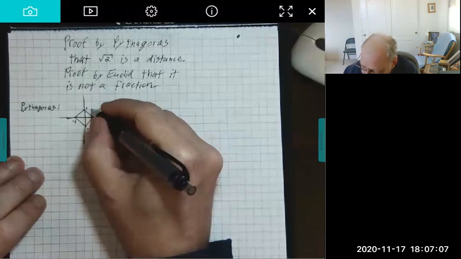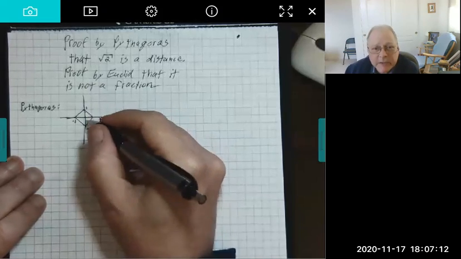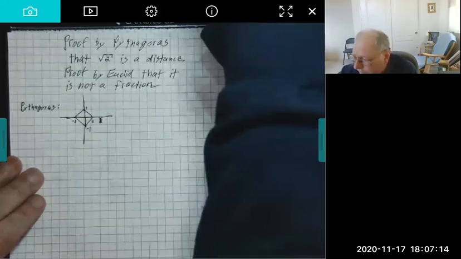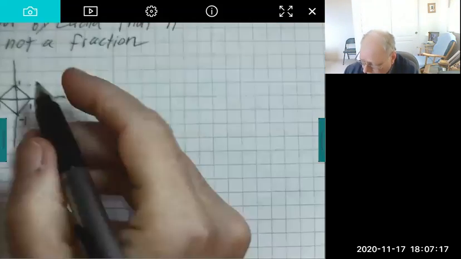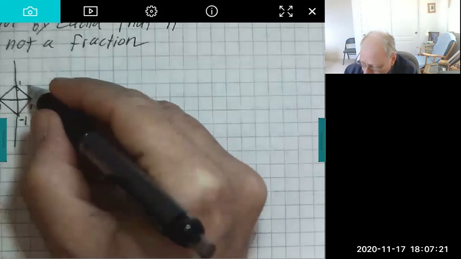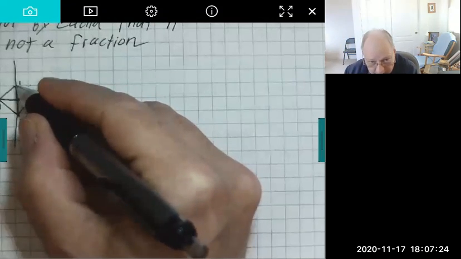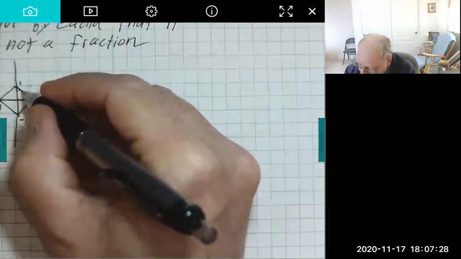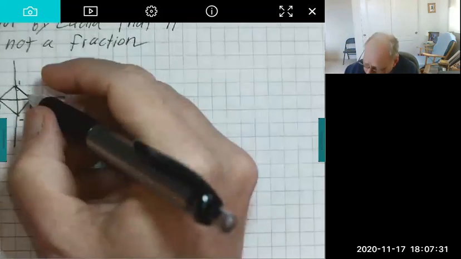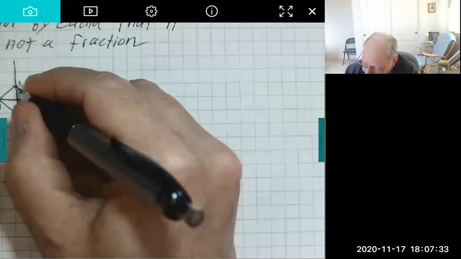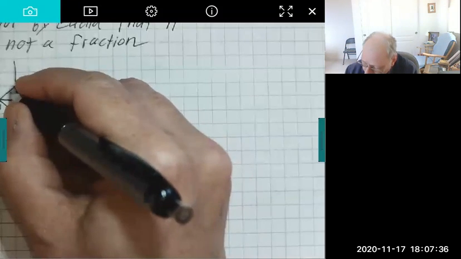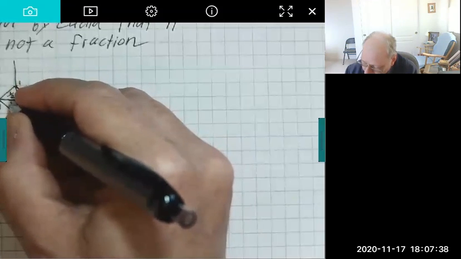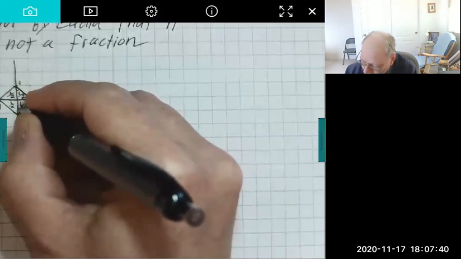This little square on the coordinate grid is 1 by 1, 1 unit in each direction. So this has an area of 1 square unit that I'm outlining here. And so this little triangle is half of it. So it's got an area of a half. And this has an area of a half, and a half, and a half.